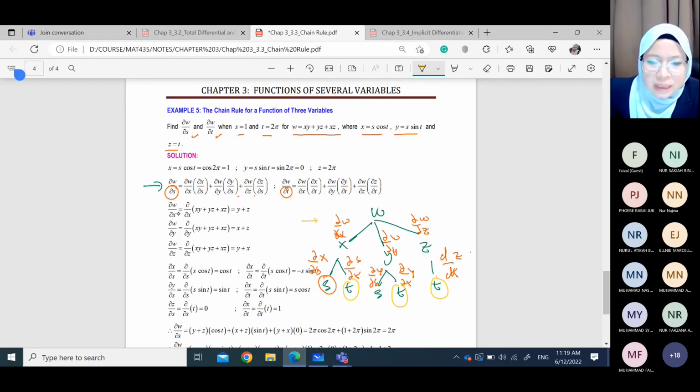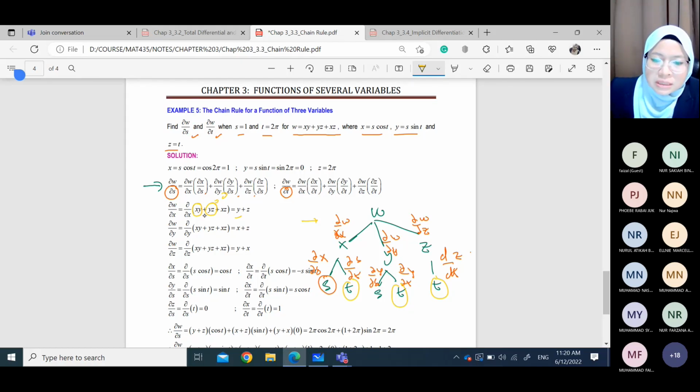So differentiate respect to X on W. So we have this function. So you differentiate respect to X, so Y and Z remain as a constant. Okay, so differentiate respect to X on XY, we have Y. Differentiate respect to X on YZ, so YZ is a constant, then we have 0.